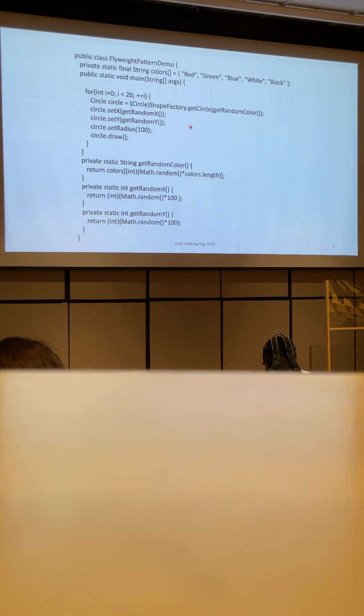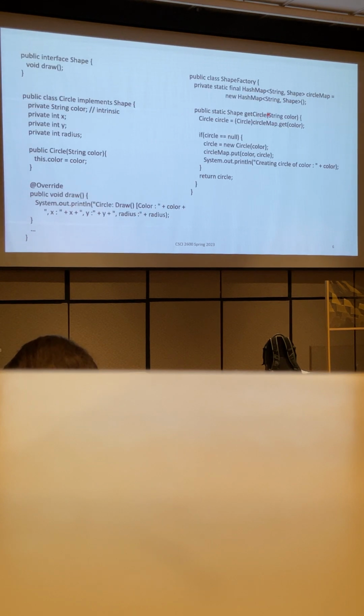So if on the next iteration we need by any chance to get the circle of the same color, it's going to be the same circle object that we have created before. Then getCircle would extract this old circle object from the cache and give it to us. We would change its x, y, and radius so that we can use it now. And then that object still stays in the hash map that the shape factory maintains. So this circle map hash map will at most contain 5 different colors.